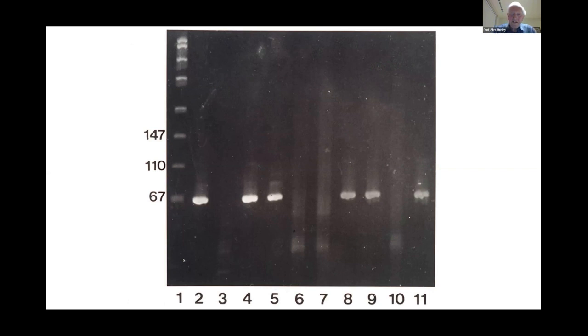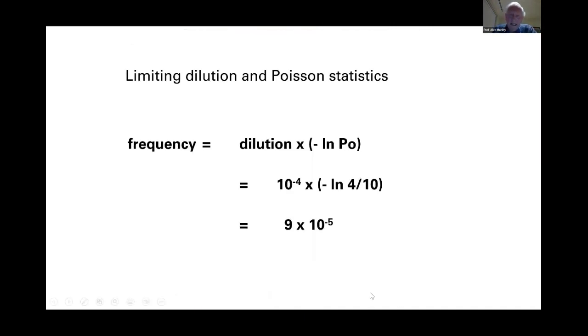You see this as an example. They had to be electrophoresed. And you can see there are some positive and some negative wells. And clearly the frequency of mutants is the dilution by the negative logarithm of the proportion of negative wells.